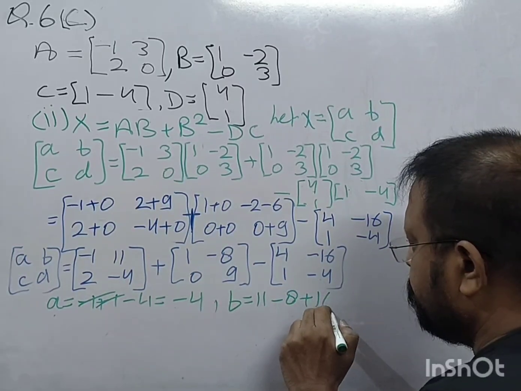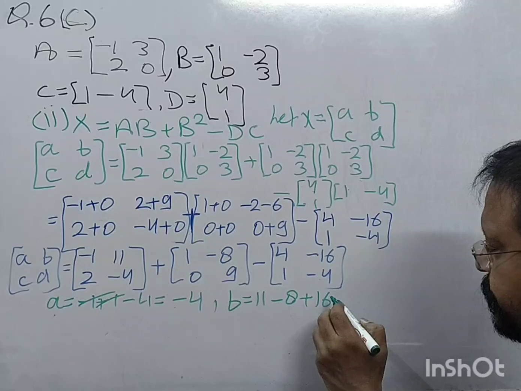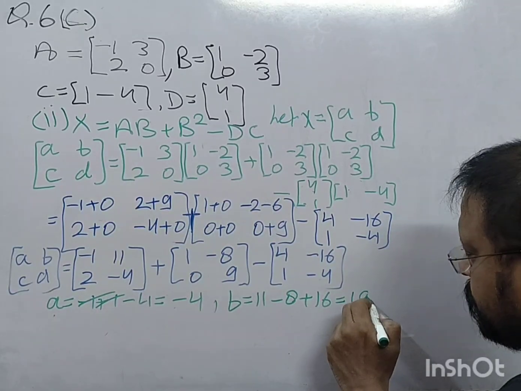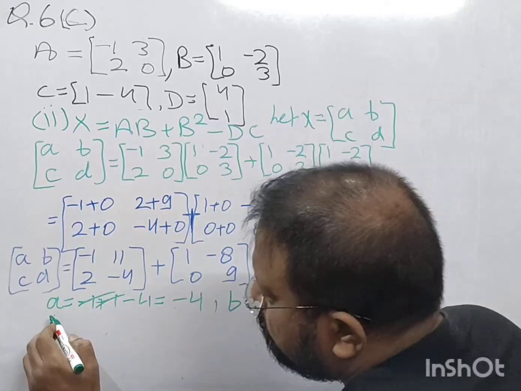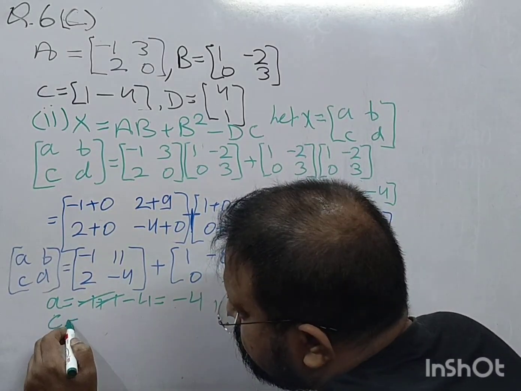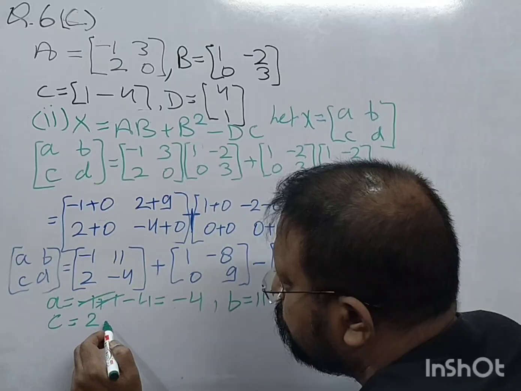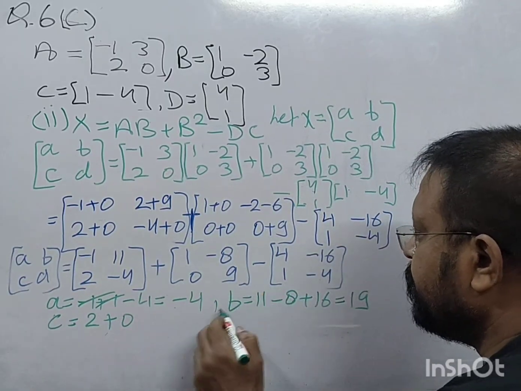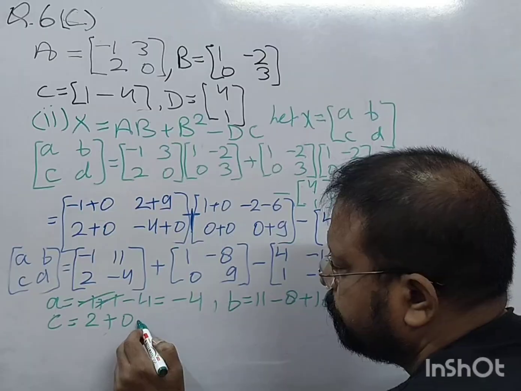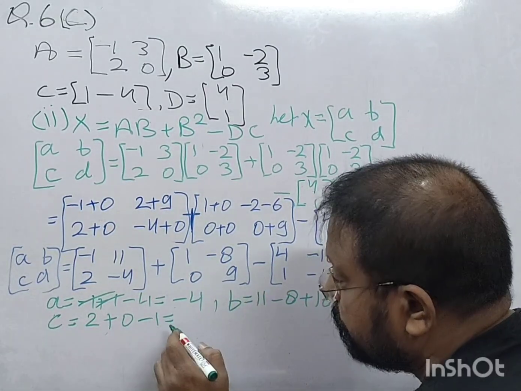So कितना हुआ? 3 plus 16, 19. Now C is 2 plus 0 minus 1. It becomes how much? 1.